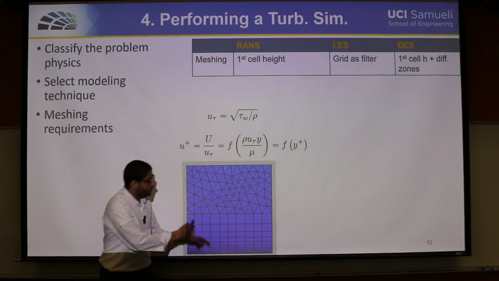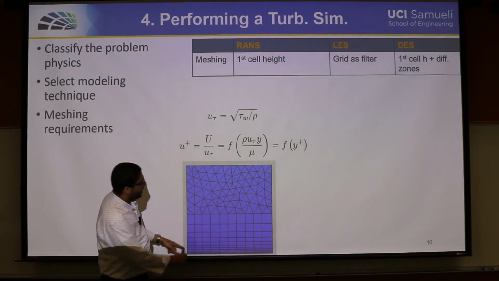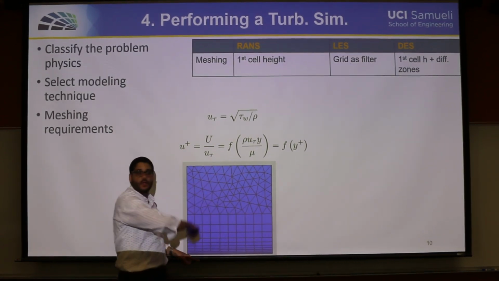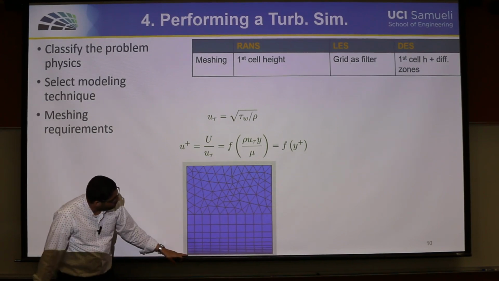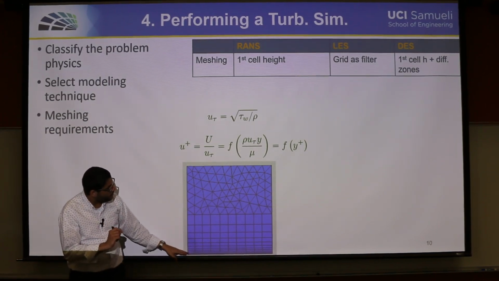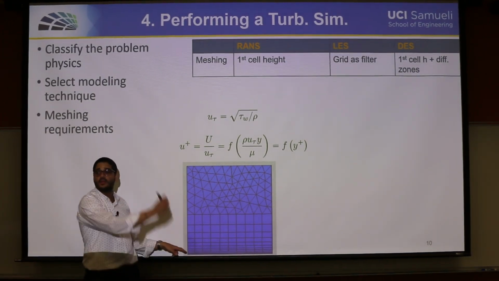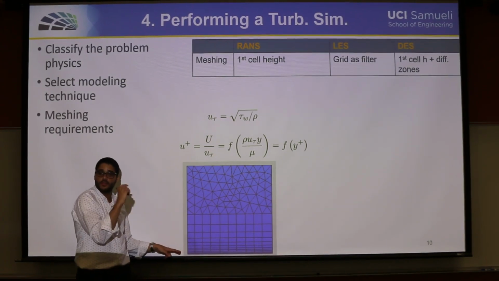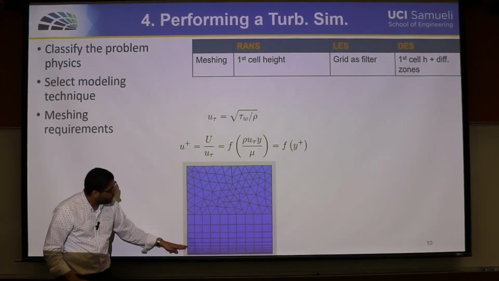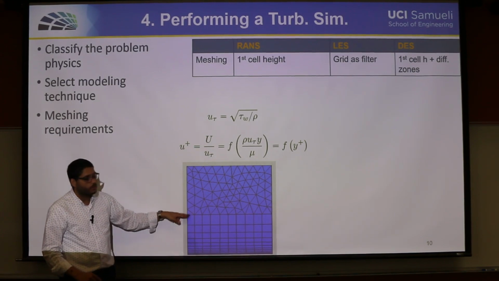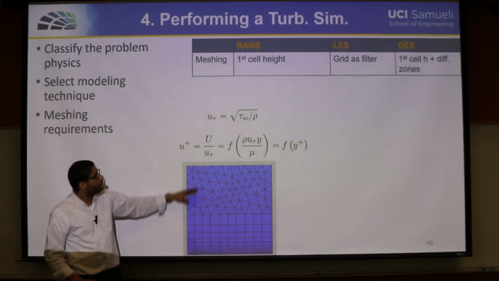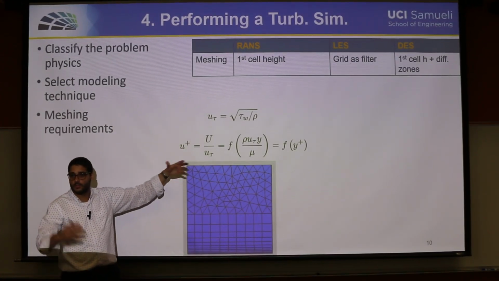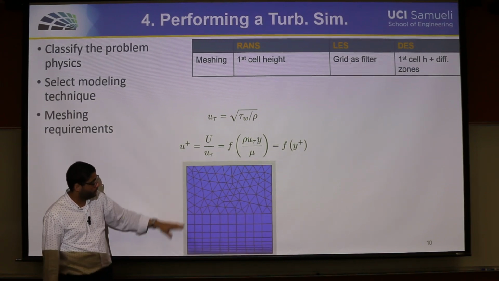To capture that shape for the log layer, we need very tiny elements here to capture the severe velocity gradient near the wall, and then we can relax it with the expansion ratio till we reach the outer flow where Y plus is not that important, and we are done.